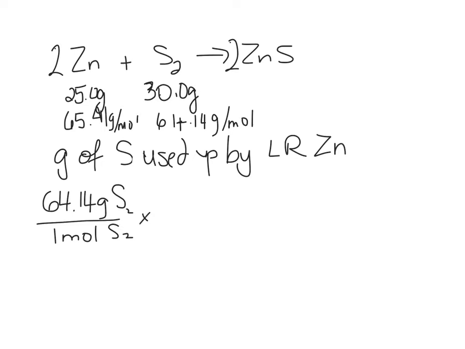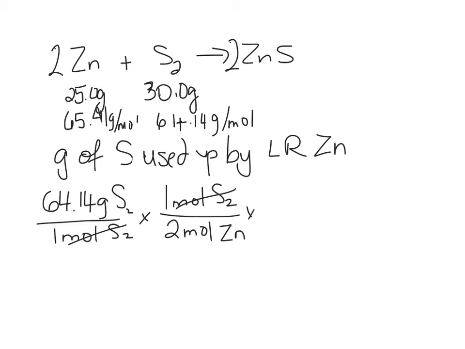Now I use mole ratios. I convert between the moles of sulfur and the moles of our limiting reagent. So 1 mole of S2 requires 2 moles of zinc. But now I need to get rid of moles of zinc.